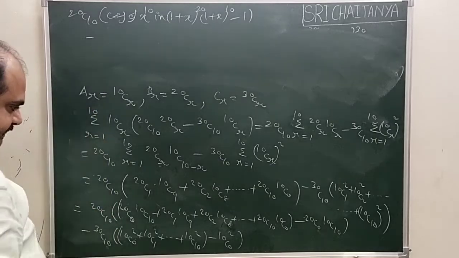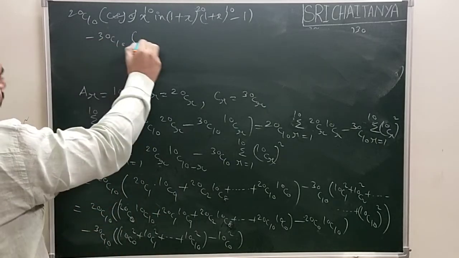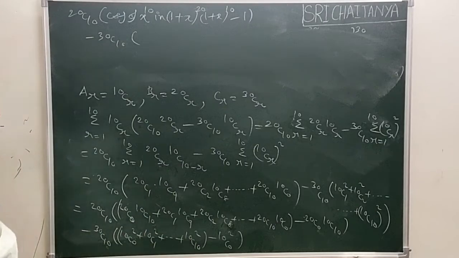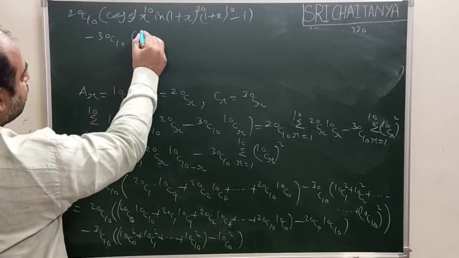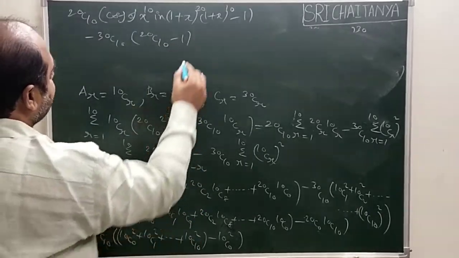So minus 30C10. This you know the formula: nC0 squared plus nC1 squared and so on, nCn squared is 2nCn.